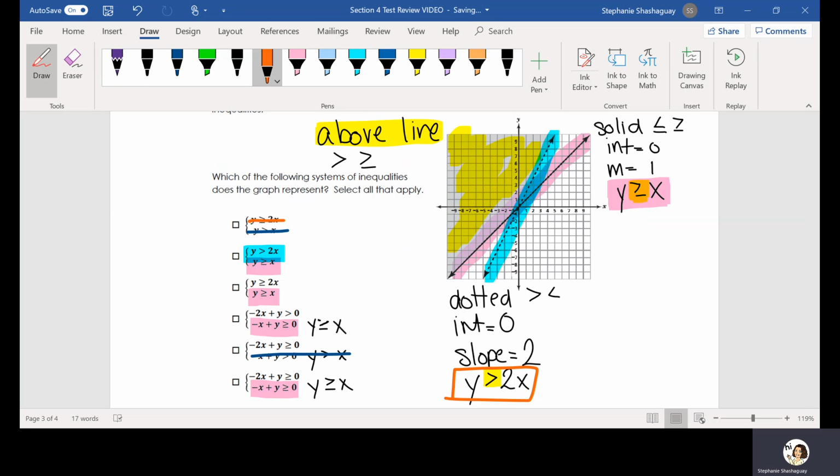So we can mark this as a correct answer. Y is greater than or equal to 2x. Again, we have that equal sign, so that one's crossed out. Negative 2x plus y. Well, if we move that x over, we would have y is greater than 2x. And so that is also an answer choice.